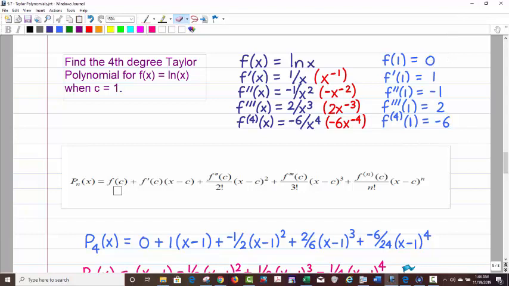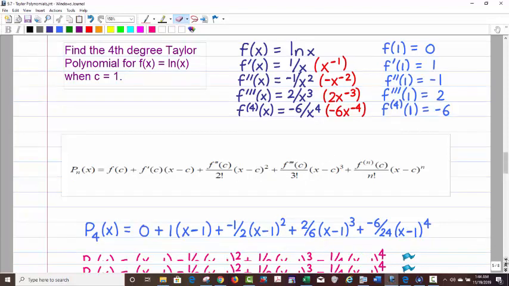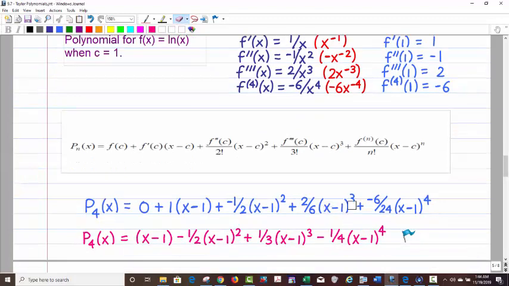So f of 1 here is going to be 0, so we'll lose that term. f prime of 1 is 1, and now we have x minus 1. And then f double prime at 1 is negative 1, so it's negative 1 over 2 factorial, which will be negative 1/2, x minus 1 squared. Third derivative at 1 is 2 over 3 factorial, which is 2 over 6, x minus 1 cubed.